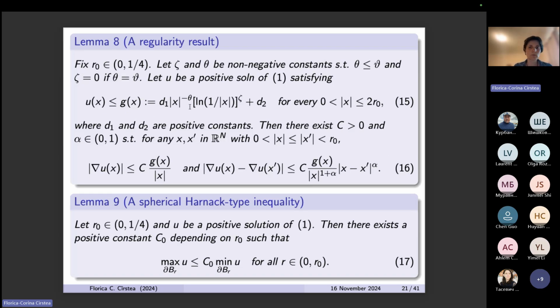But anyway, it has a similar proof. You need to prove, however, before that, a spherical Harnack type inequality, like I mentioned yesterday. This constant here, however, depends on R0, at least the way we made the proof.